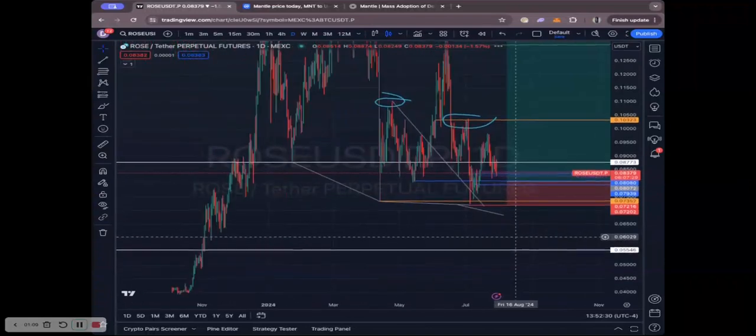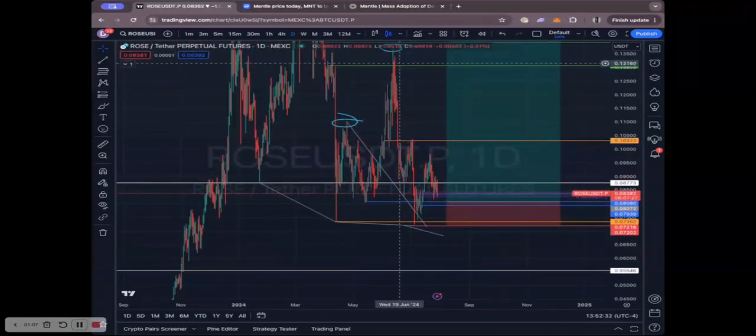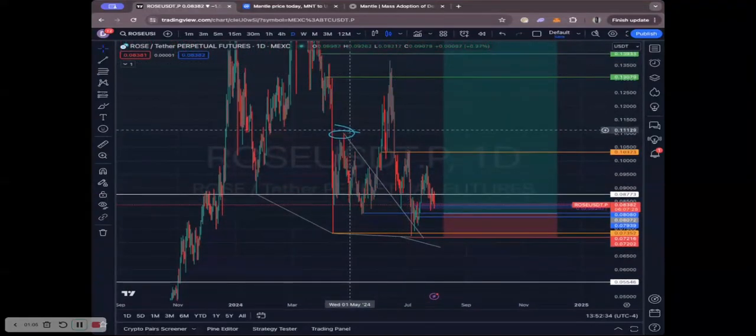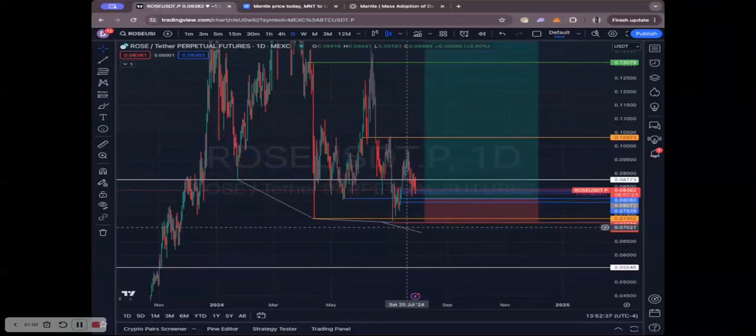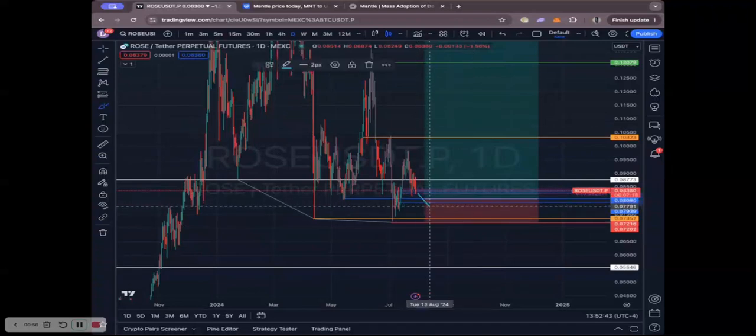So if we go to the daily, assuming that is the case, I'll clean this up a little bit. If I was to take this long, I would be longing here in this range, probably something like this.